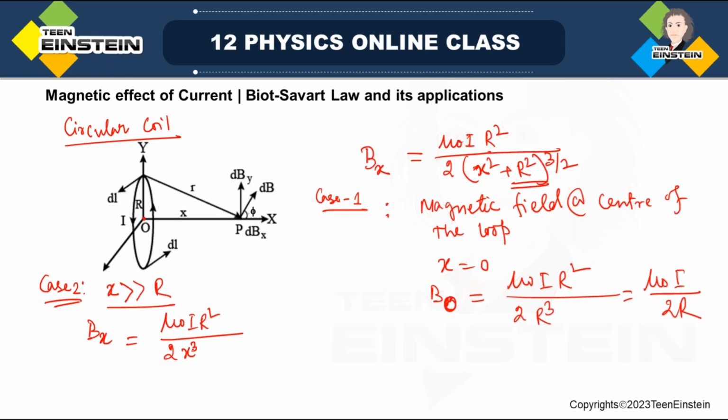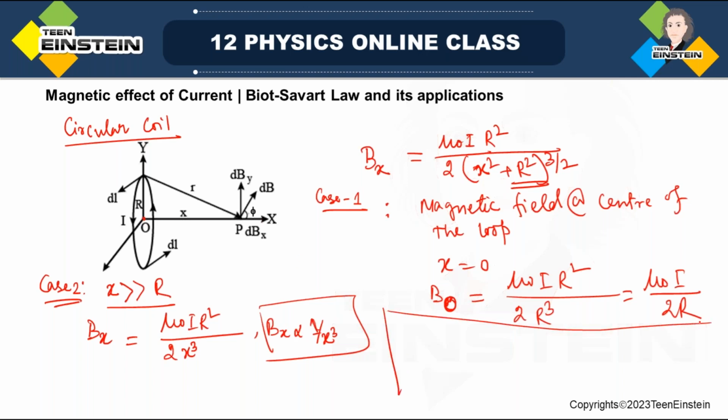So what is that? The field is directed along the x-axis in this case of the loop, and it is falling off. Magnetic field Bx is falling off, it is inversely proportional to the cube of the distance x. Okay, so this is the second case.